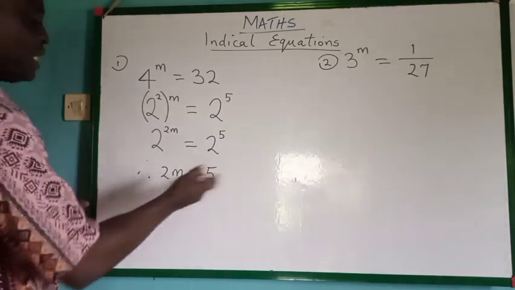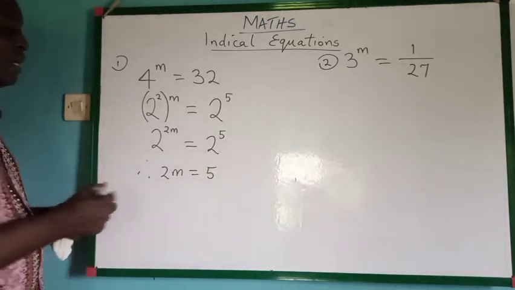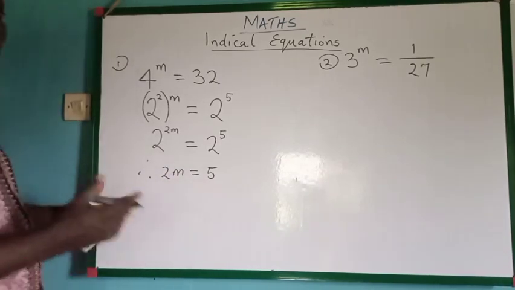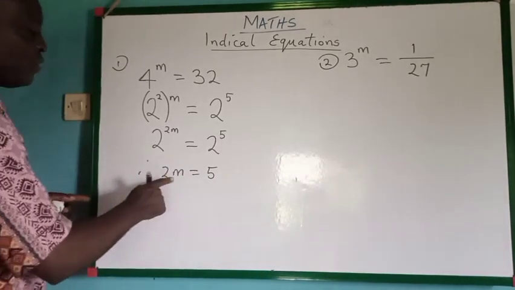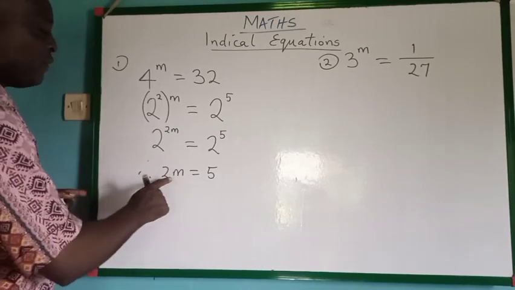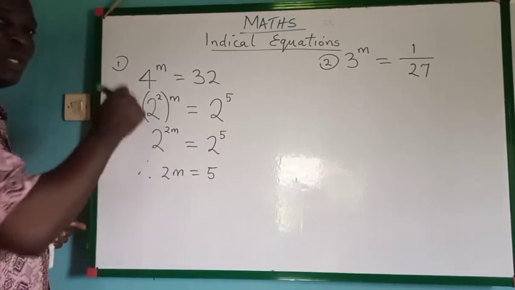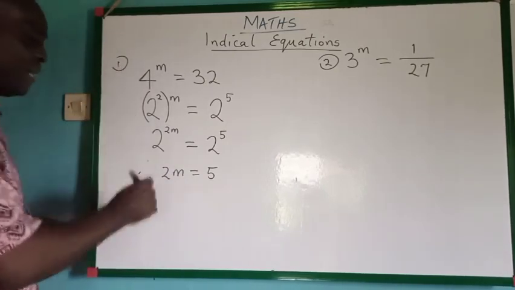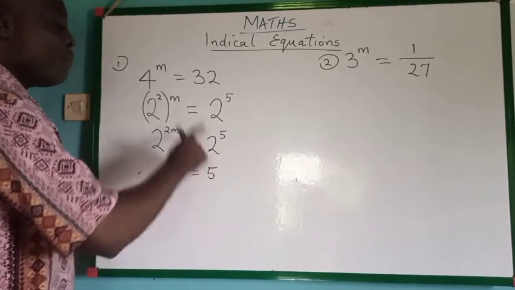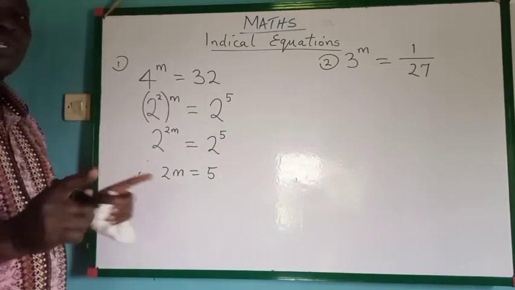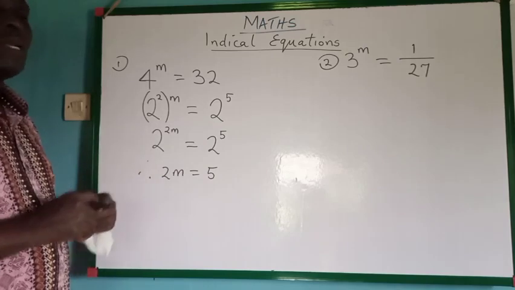Then, if we have this expression, what do we do? 2n is equal to 5. You divide both sides by 2, because the coefficient of n here is 2. So if I want to remove this 2, I have to divide the left hand side by 2. If I divide the left hand side by 2, I must also divide the right hand side by 2 to make the equation balanced and equal.